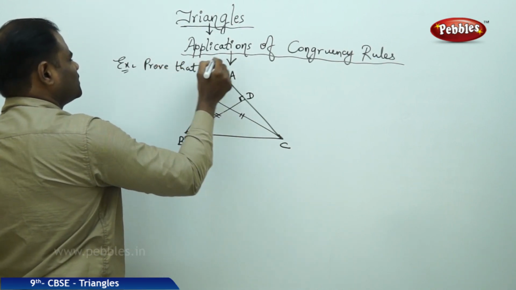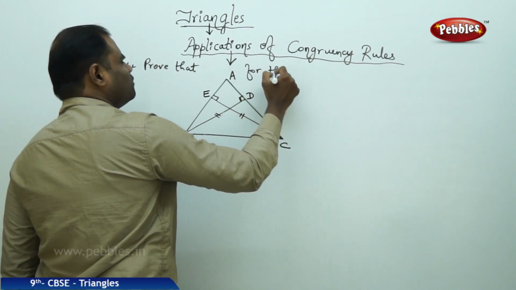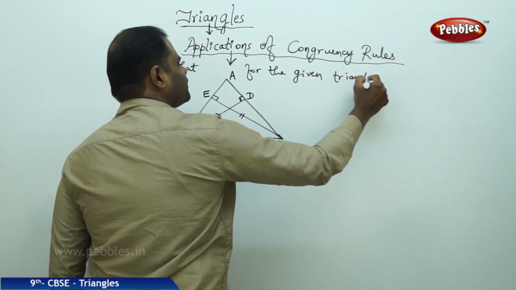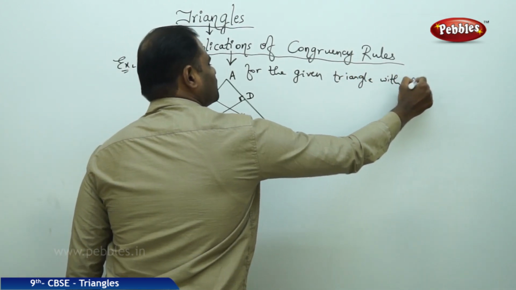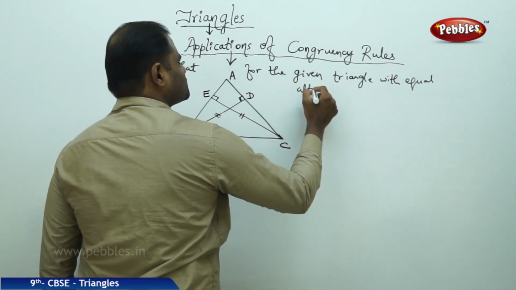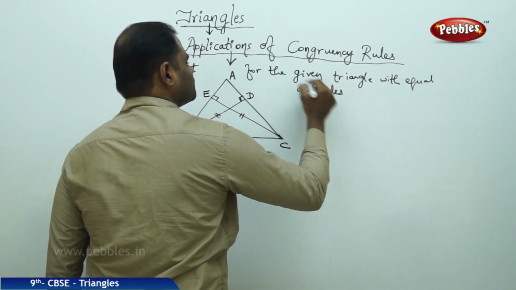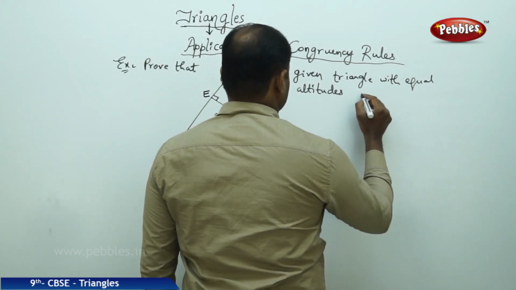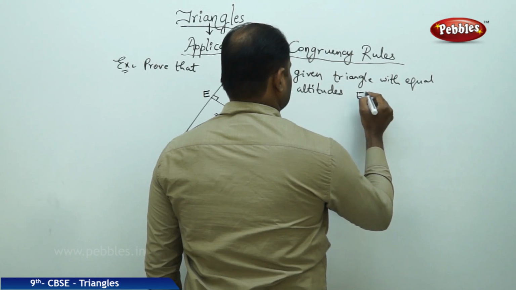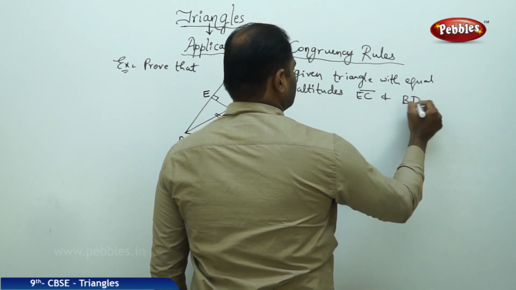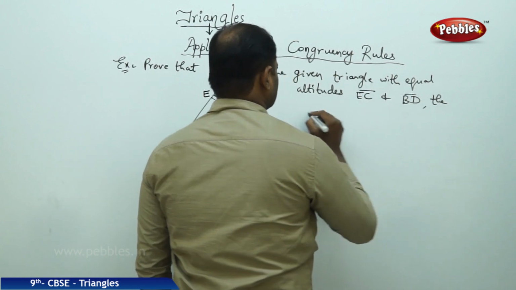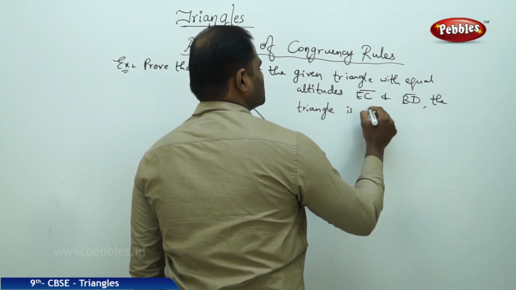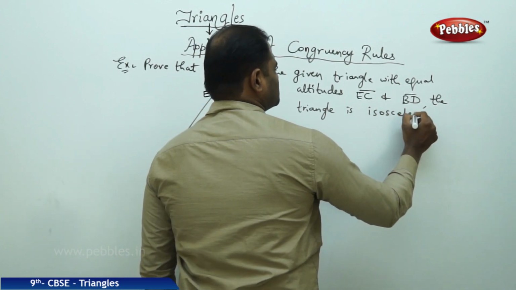Prove that the given triangle with equal altitudes BD and CE is isosceles.